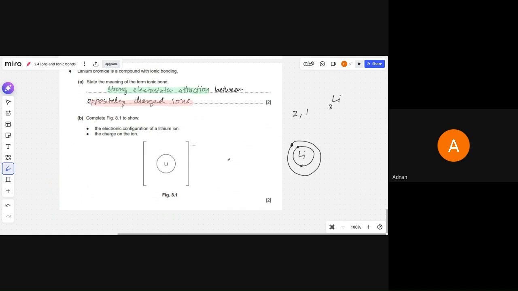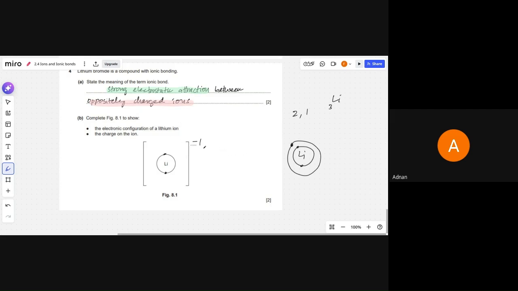So here, they have given us only 1 shell. So I'm going to draw 2 electrons here, and you must fill the 2 electrons in the inner shell. The charge will be negative, or you can write minus 1 charge, right? So this is how you complete 8.1 to show the electronic configuration of a lithium ion.